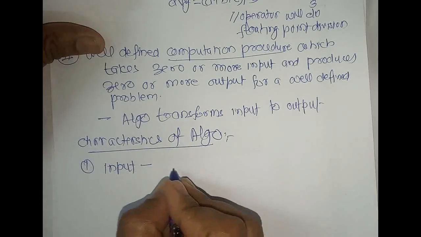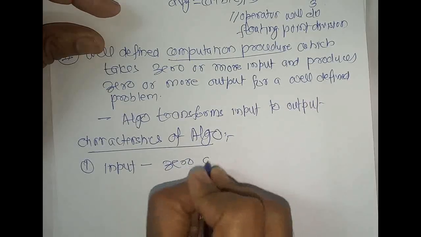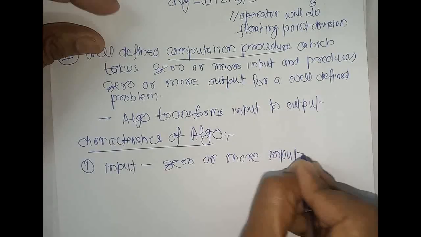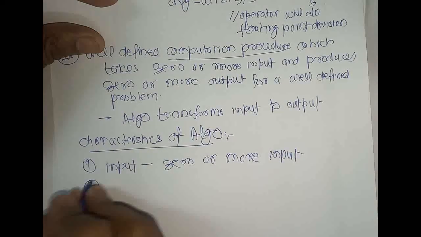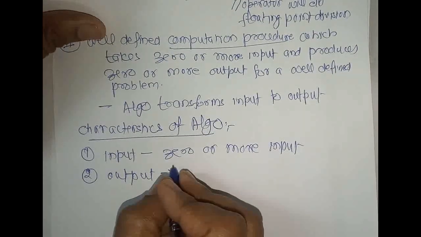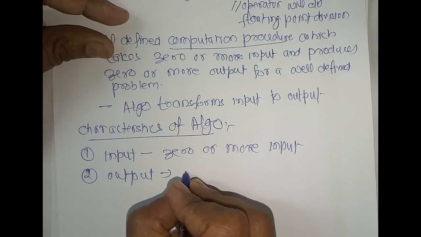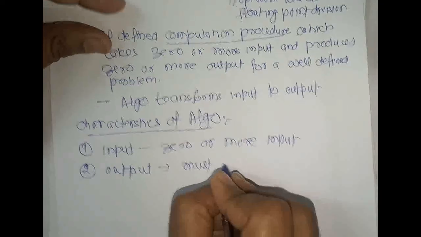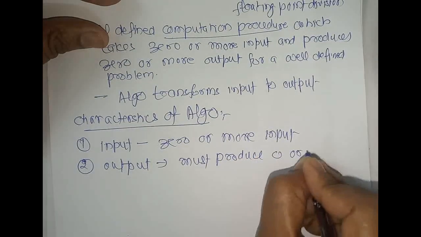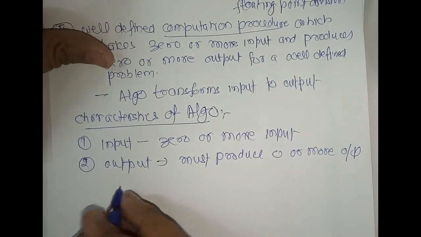Each algorithm must take zero or more input values. Next characteristic is output. Algorithm must produce zero or more output.